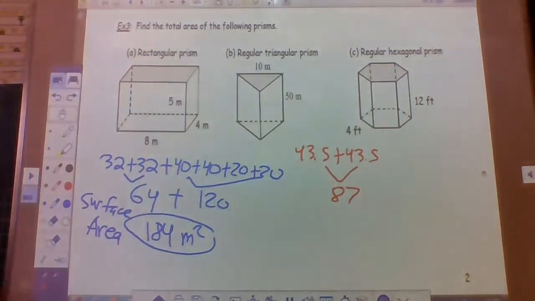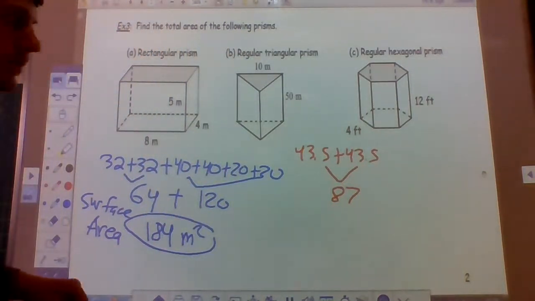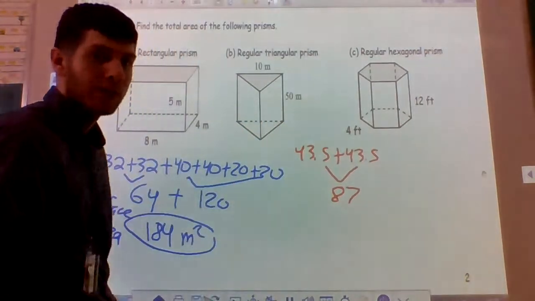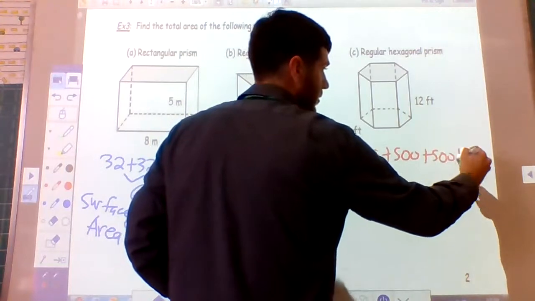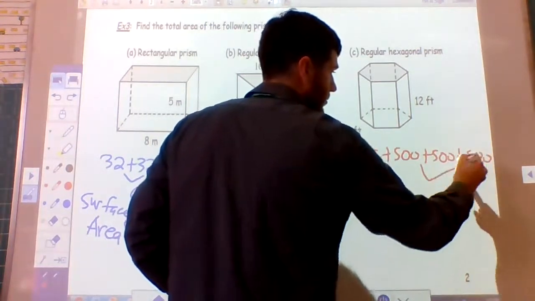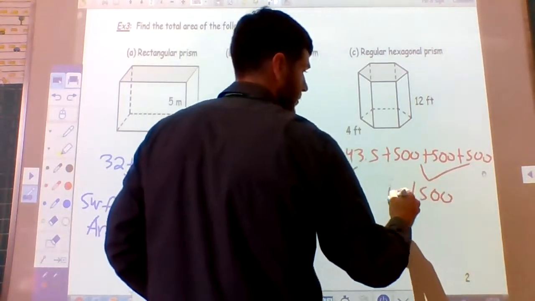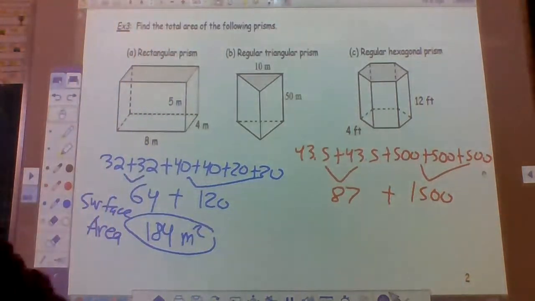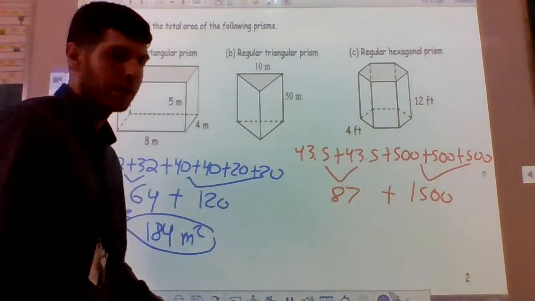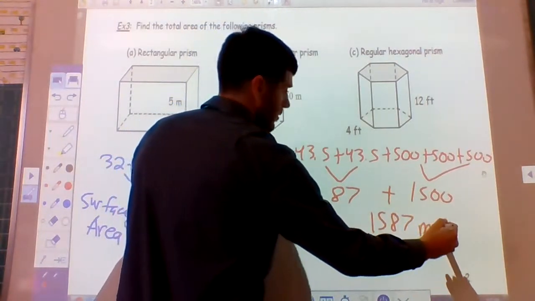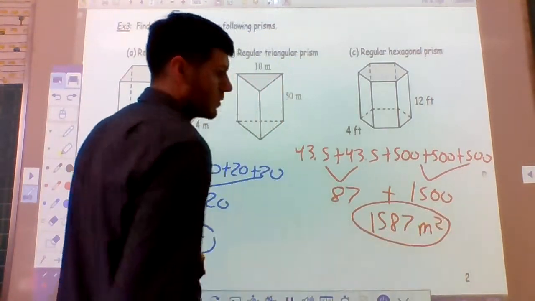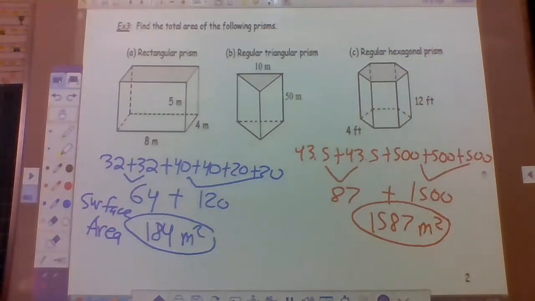Then we found the lateral area to be 1,500. So we had three rectangles, each was 500. So that was 500 plus 500 plus 500, which came out to 1,500. So we add the area of the two bases to the lateral area. That's going to be 1,587 meters squared. That's our surface area for B.